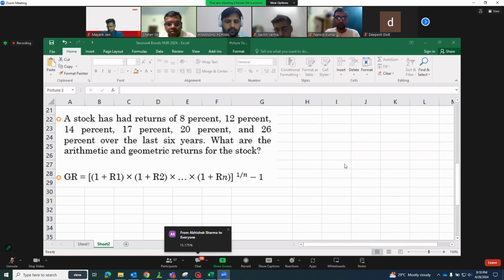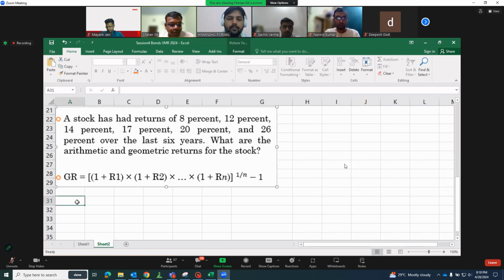Okay, Abhishek Sharma has given answer 15.175%. Okay, so let me compute arithmetic first.